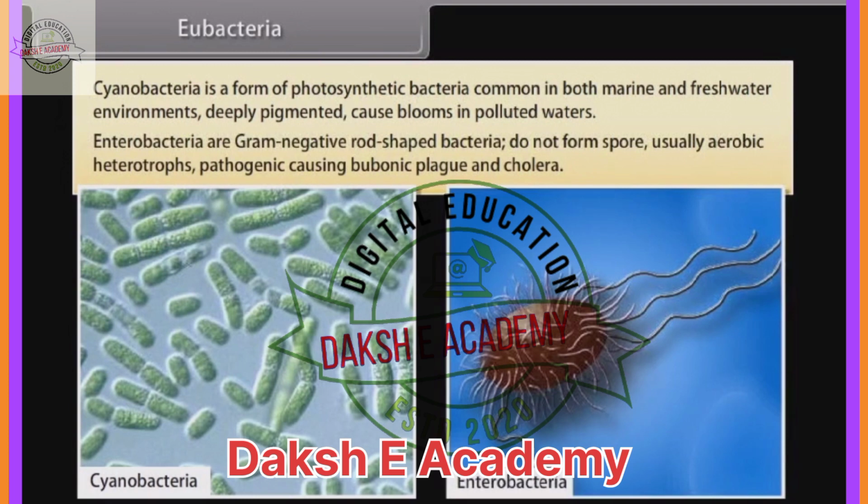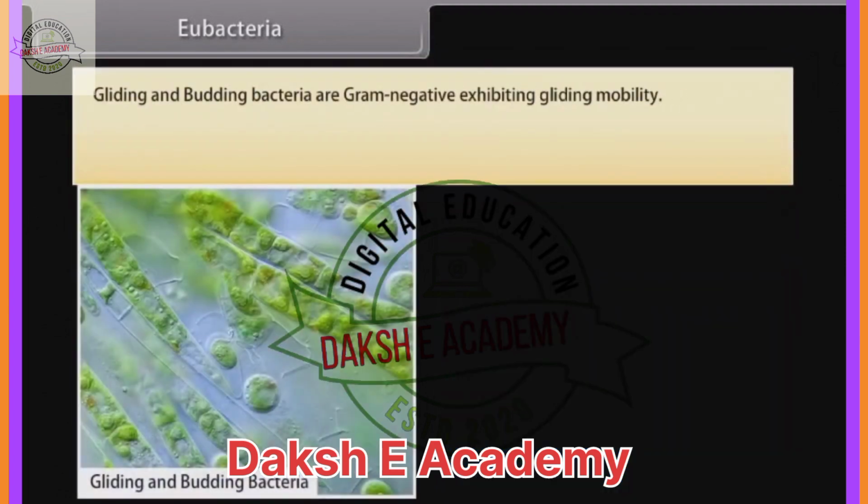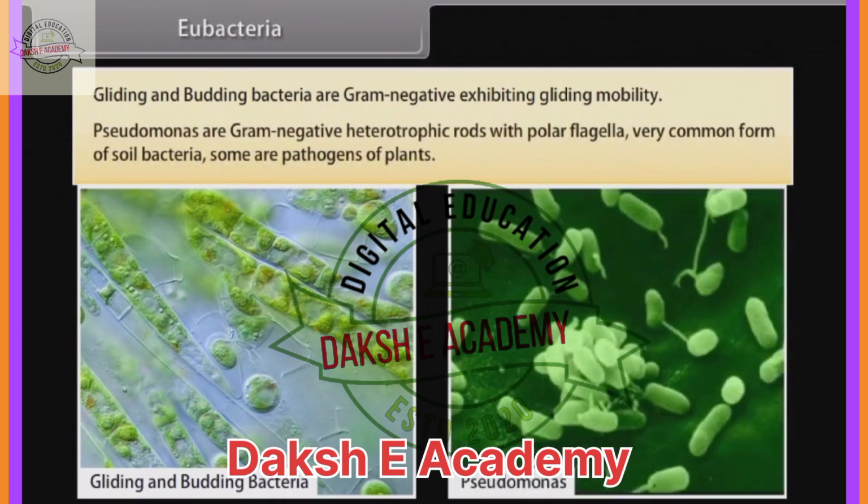Enterobacteria are Gram-negative rod-shaped bacteria, do not form spores, usually aerobic heterotrophs, pathogenic, causing bubonic plague and cholera. Gliding and budding bacteria are Gram-negative, exhibiting gliding mobility. Pseudomonas are Gram-negative heterotrophic rods with polar flagella, a very common form of soil bacteria.